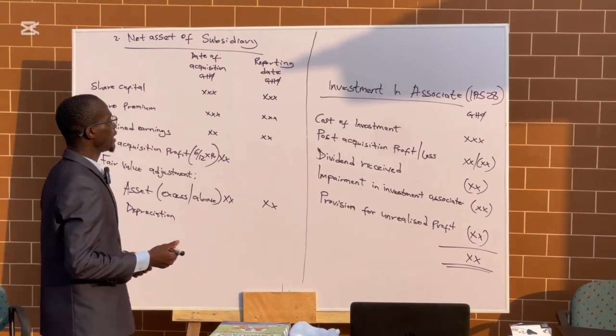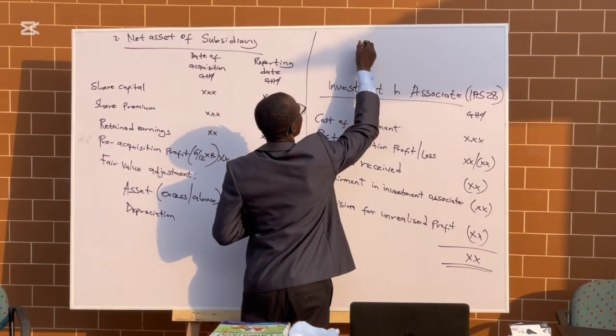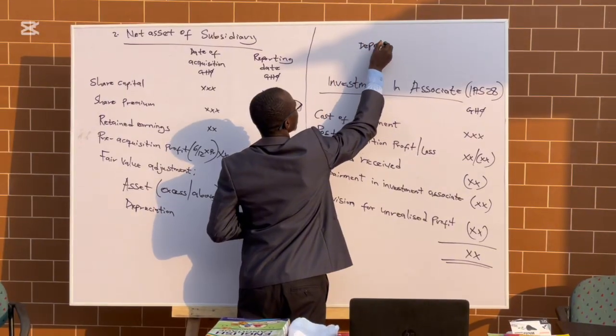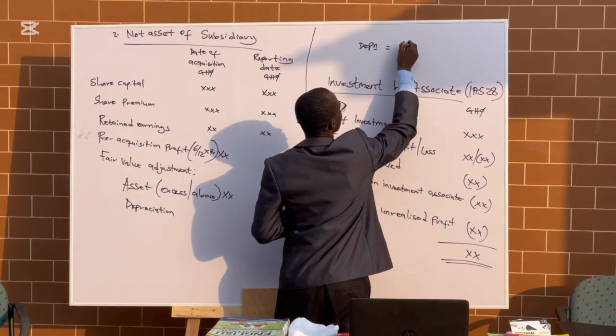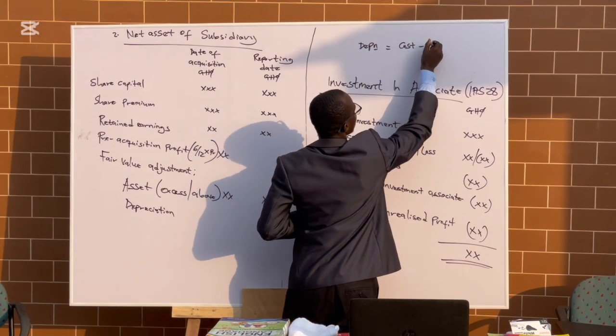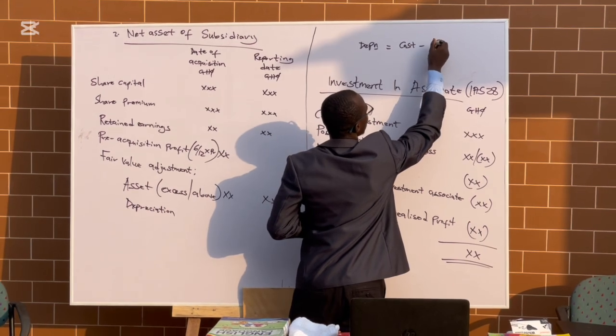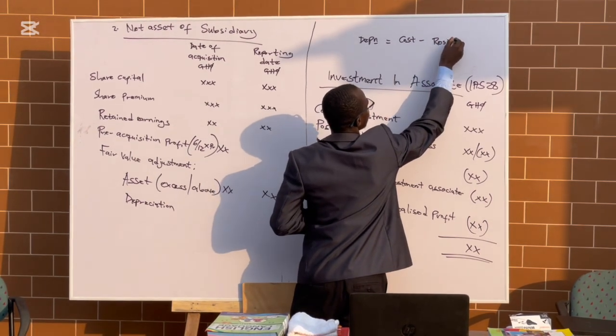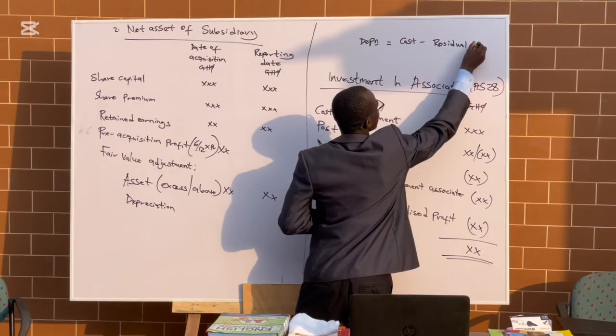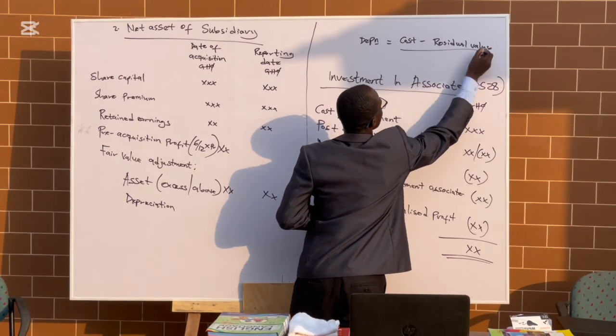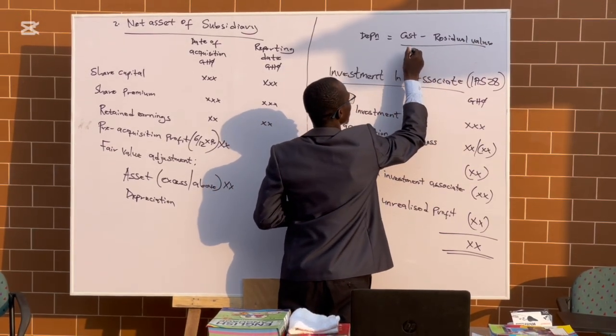And depreciation is calculated by having your cost minus your scrap value or residual value, all divided by the economic useful life of the asset.